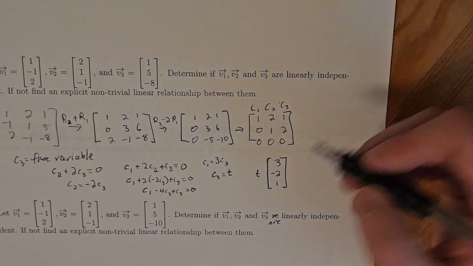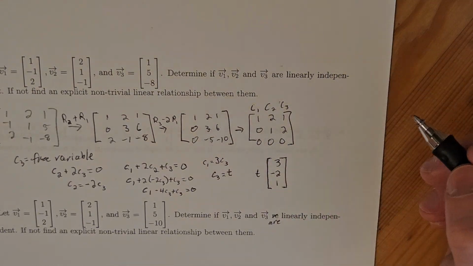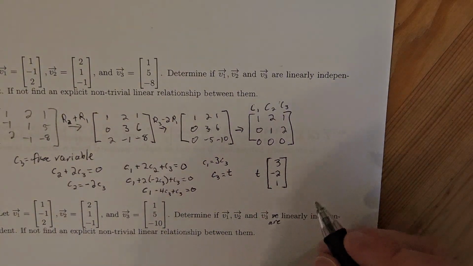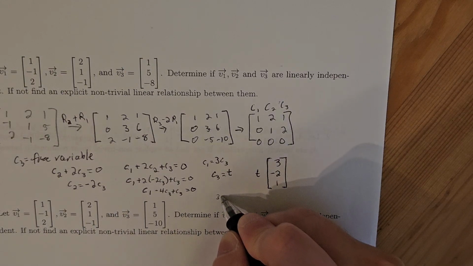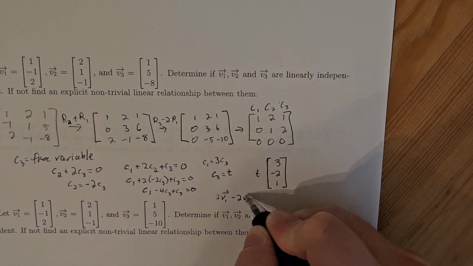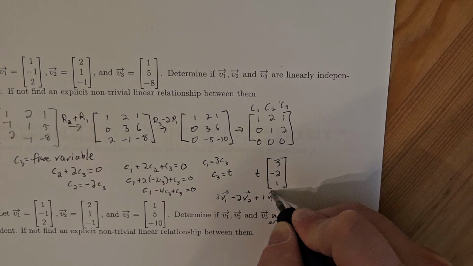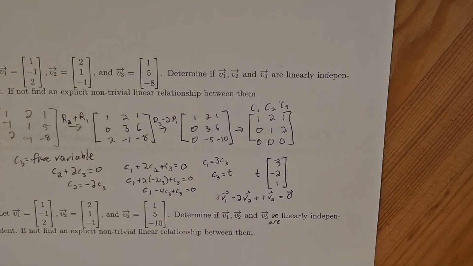In particular, if T is 1, that gives us exactly one solution vector, and that is 3 times V1 minus 2 times V2 plus 1 times V3 is equal to the 0 vector.